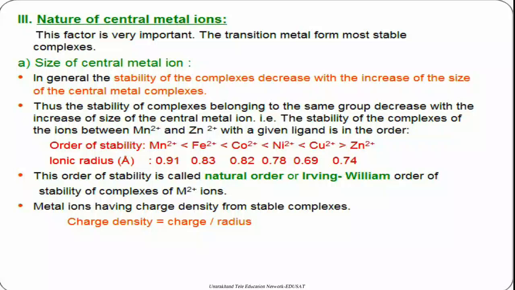This order of stability is also called the natural order or Irving-Williams order of stability of complexes of 2+ ions. Metal ions having high charge density form stable complexes, where charge density is charge over radius. If the value is more, the complex will be more stable.